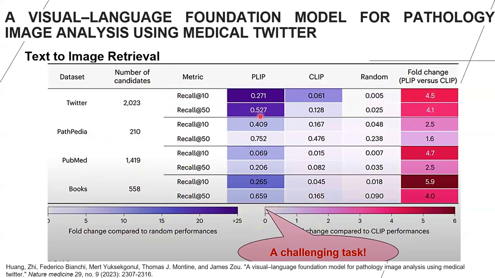Similarly, for top 50, it is 52%, while CLIP performance is 12%, and it is still 4.1 times better. Similarly, it's 40% for Pathpedia and 16% for CLIP, and 75% for top 50, and 47% for CLIP.